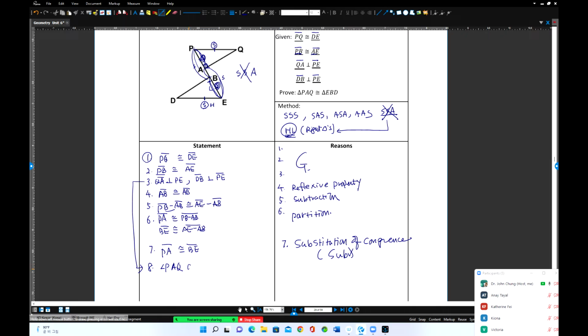Angle PAQ and angle PBE are right angles. The reason is what? Perpendicular lines form right angles.